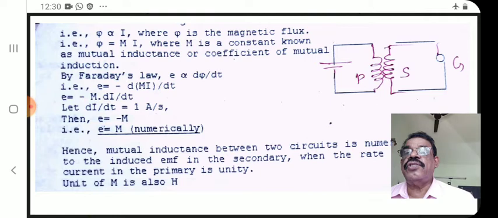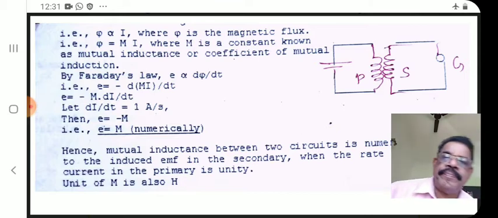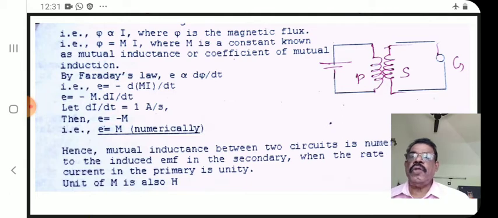We write E is equal to minus M into di by dt. And in order to define M, we assume that di by dt is equal to 1 ampere per second. Then E is equal to minus M, that is E is equal to M numerically.